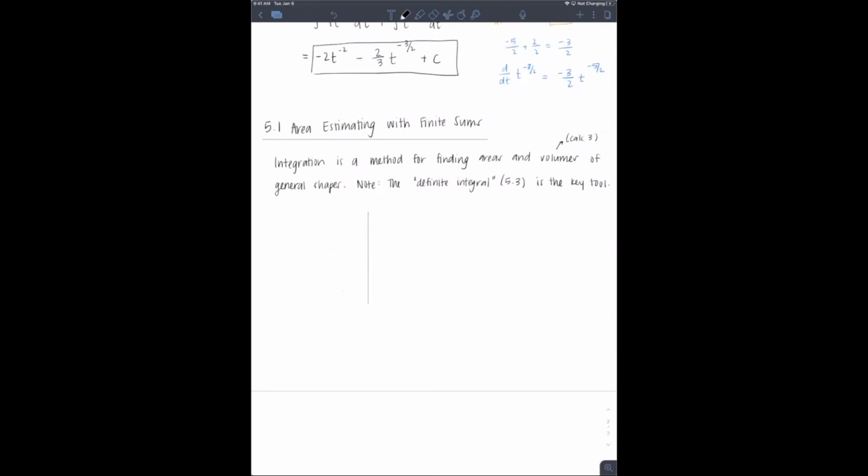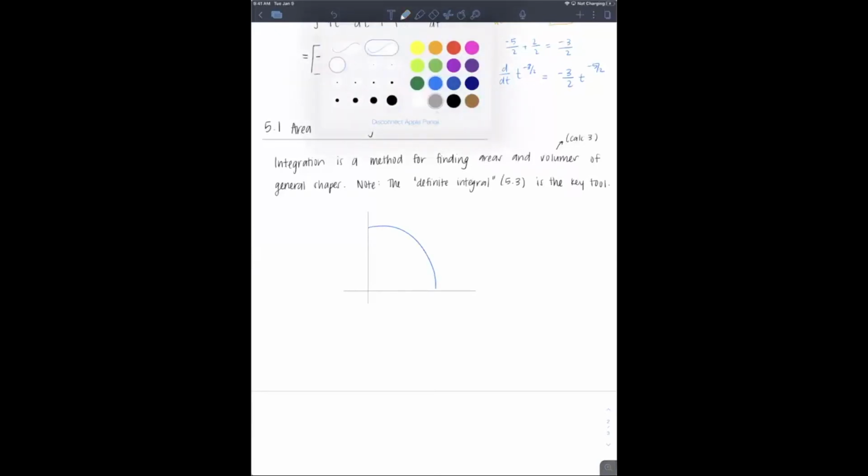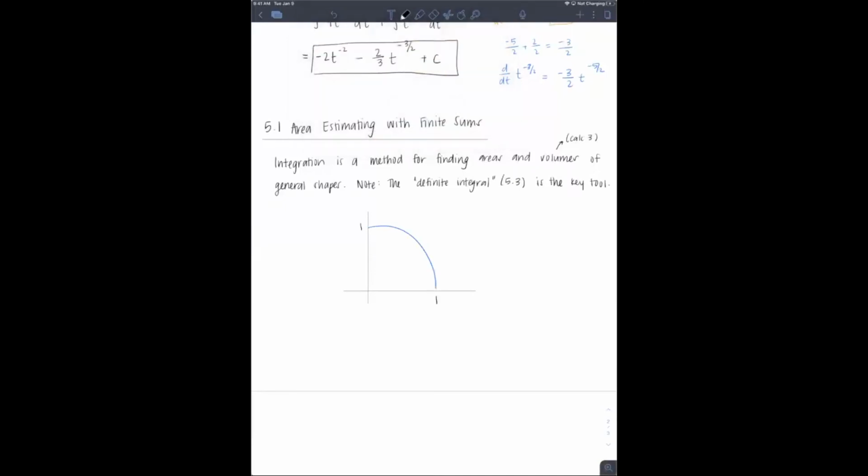All right, so here, let's draw a picture real quick. It's going to be a graph, and let's say I give you some sort of graph that looks like this. This is x equals 1, this is x equals y, and I ask you to find the area under this curve, right?